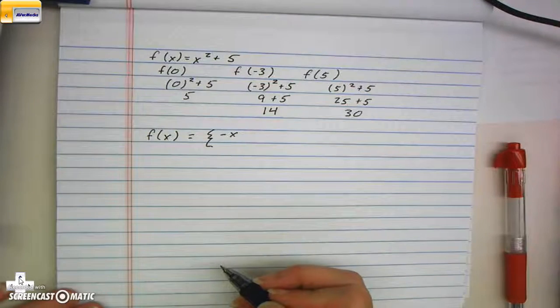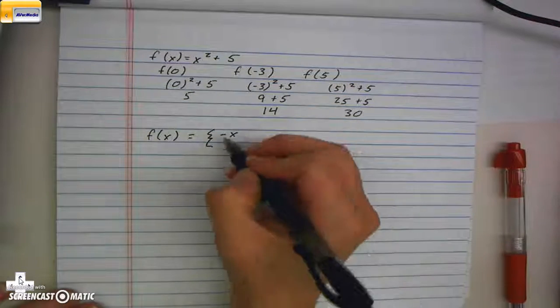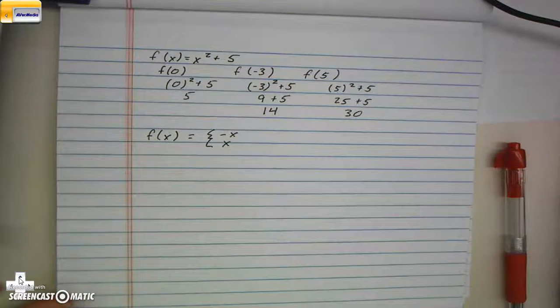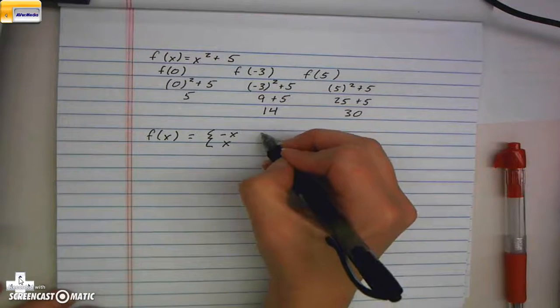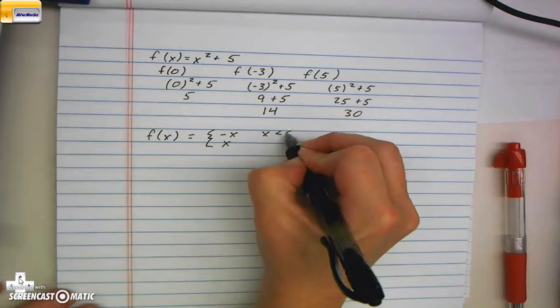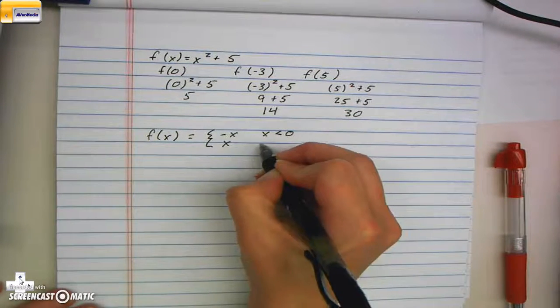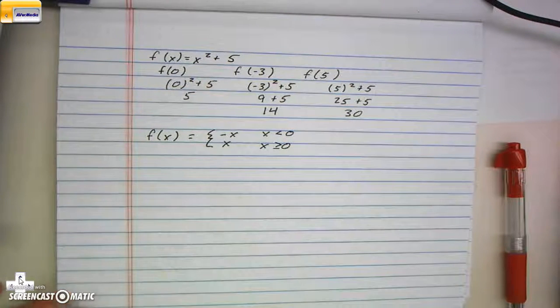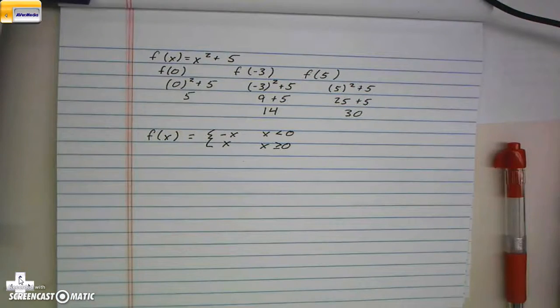Sometimes f of x will be -x, and sometimes f of x will just be x. And it depends on whether the x value is less than 0 or the x value is greater than or equal to 0.